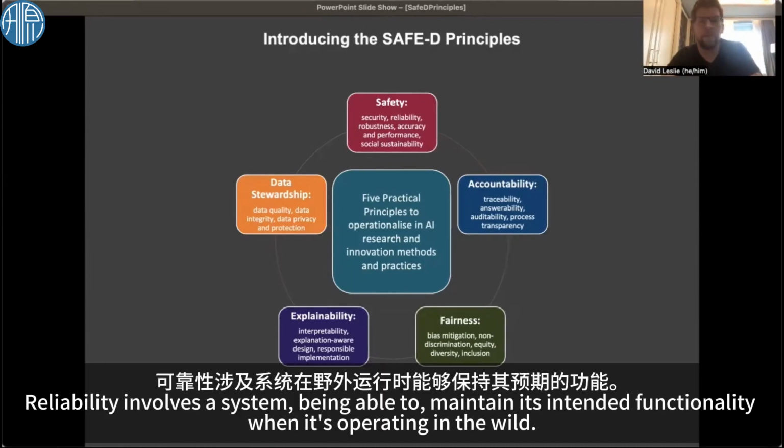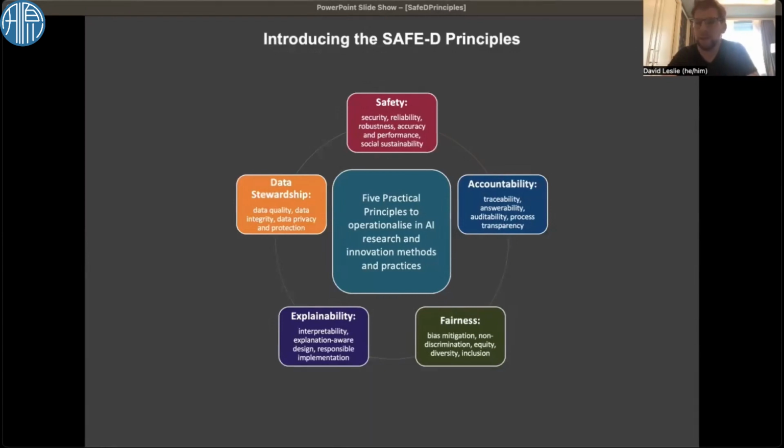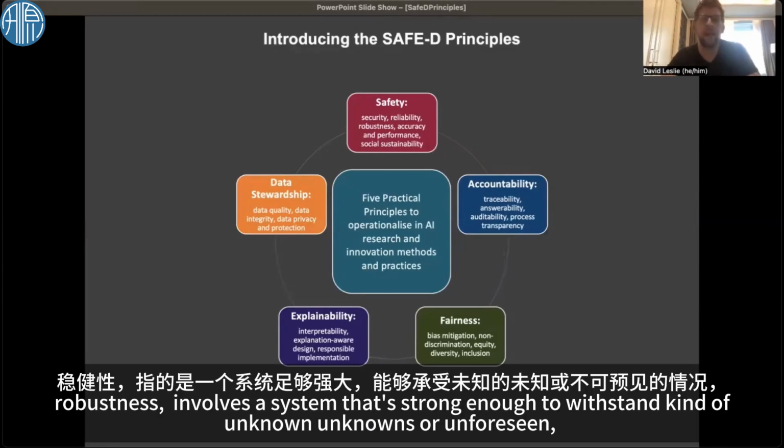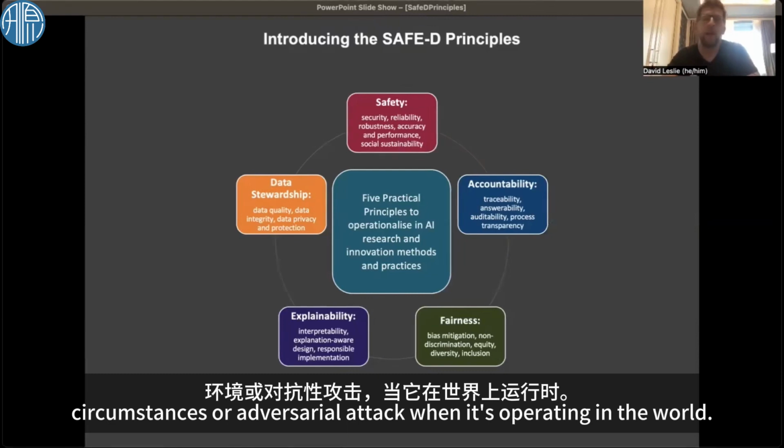Reliability involves a system being able to maintain its intended functionality when it's operating in the wild. Robustness involves a system that's strong enough to withstand unknown unknowns or unforeseen circumstances or adversarial attack when it's operating in the world.